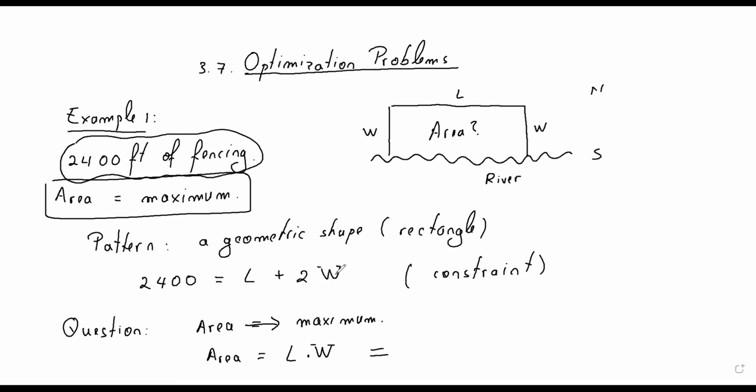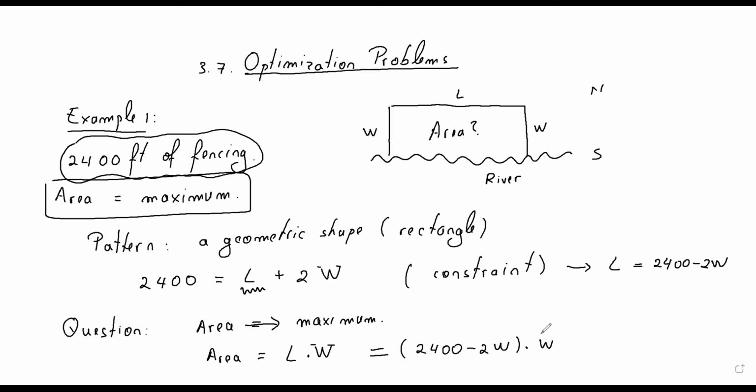How do you do that? Well, there's an easy way to solve for L from the formula above, the formula giving the fencing. You can solve for L there, and you can see that L is 2400 minus 2W. Then you take that and put it in this formula. So this is going to be L, but L we just said was 2400 minus 2W, times W, L times W. This is going to be the result of the area.